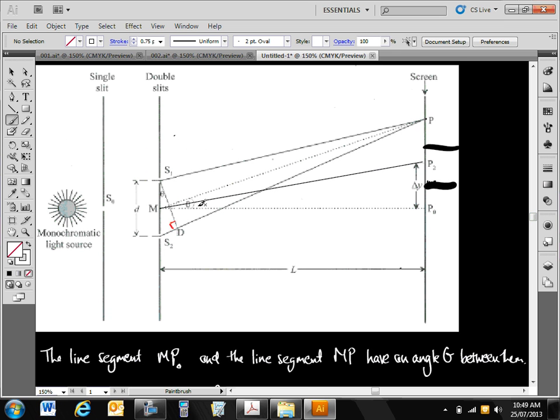This angle theta in here, tan of theta is equal to opposite, delta y, over adjacent, L.